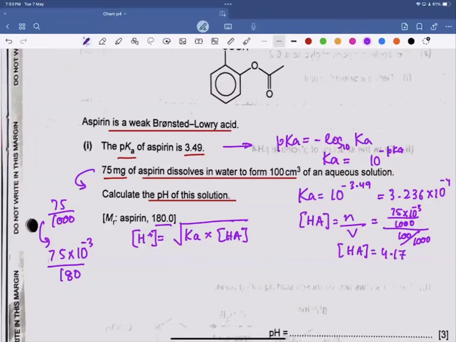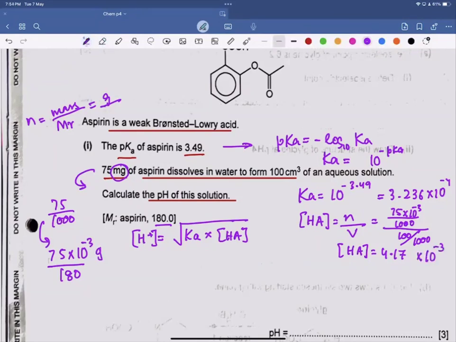Okay, thank you, Azif. Because 75 is in mg, right? And whenever we calculate moles, it is equal to mass upon Mr, and here the mass is always used in grams, not milligrams. Okay? So that is gram and that is mg. So 4.17 exponent minus 3.